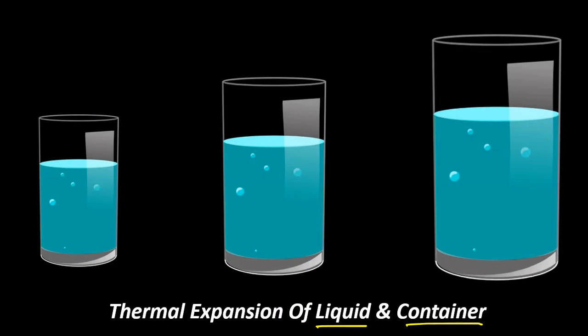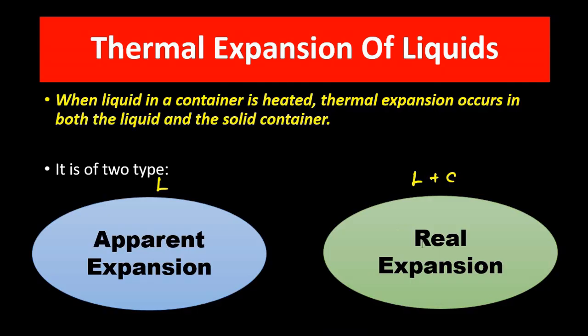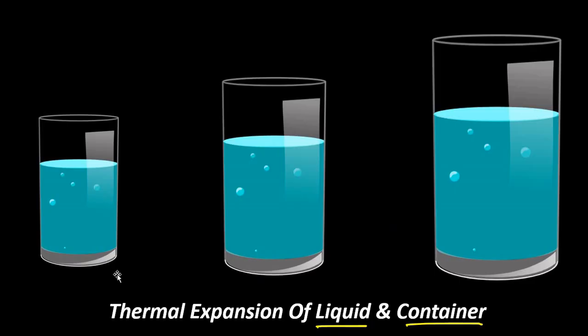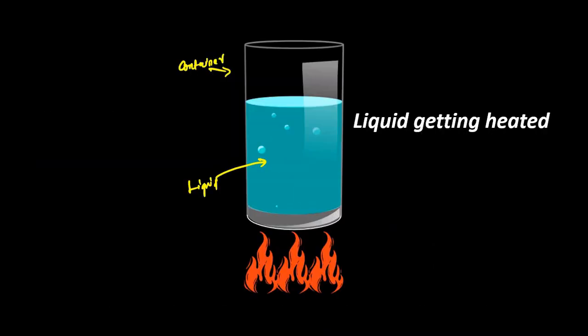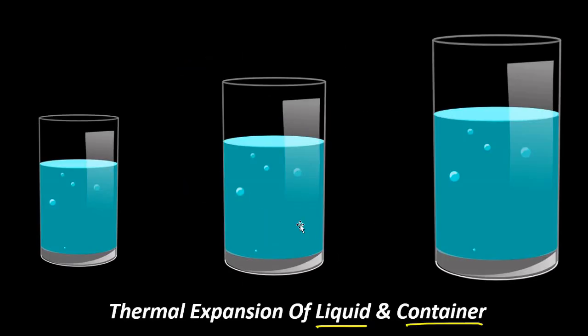So in order to get an overall estimate of the total expansion which is happening, we have to go for real expansion, and for the liquid only we have to go for apparent expansion. Okay, because this is a special case, because both the liquid and the container both are undergoing thermal expansion as they are heated. Okay, both are increasing, getting expanded.